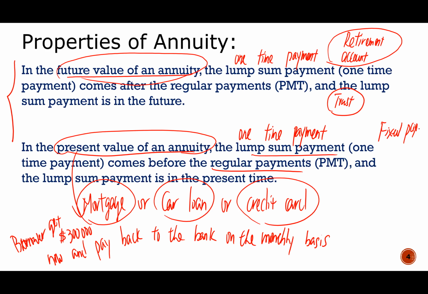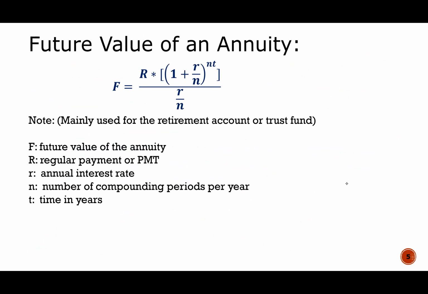Second thing is one-time payment, or lump sum payment. If you see these two elements in a typical financial instrument, you should realize it probably would be an annuity.